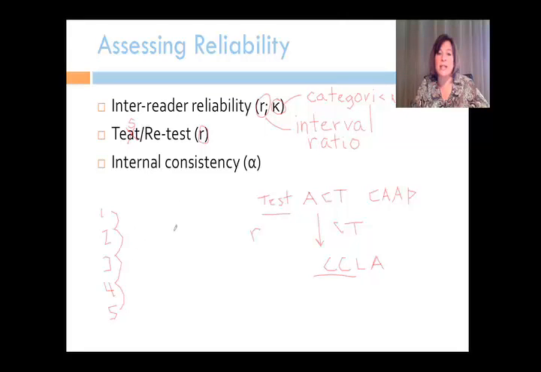You actually have to assess that. And that's measured by this Greek letter, and that's called the Cronbach's alpha. And that's what's used to measure internal consistency of items that are used to create a scale or an index.